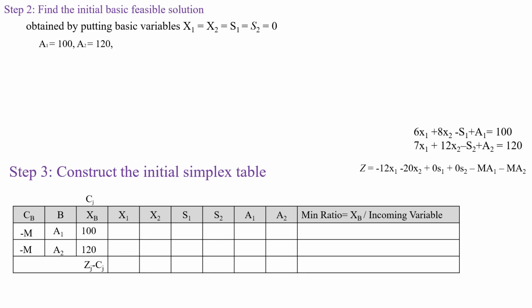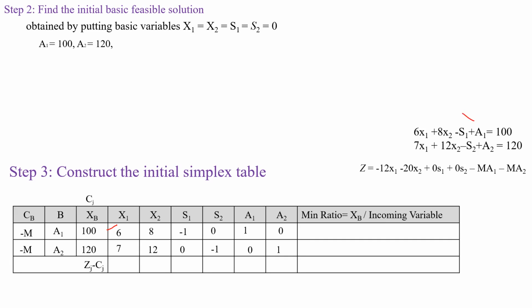Next, to write the coefficient of variable values, observe the constraint equations. First, observe the first constraint equation, that is 6x1 plus 8x2 minus s1 plus a1 equal to 100. Here 6 is the coefficient for x1 and 8 is the coefficient for x2, minus 1 is the coefficient for s1.